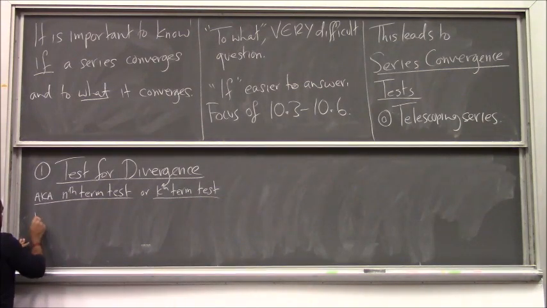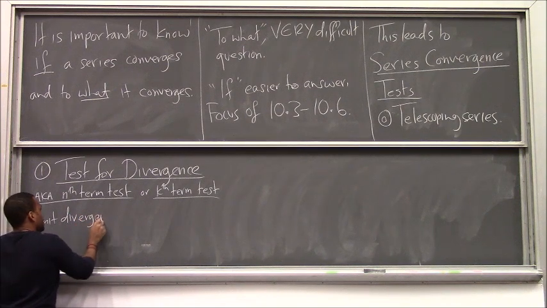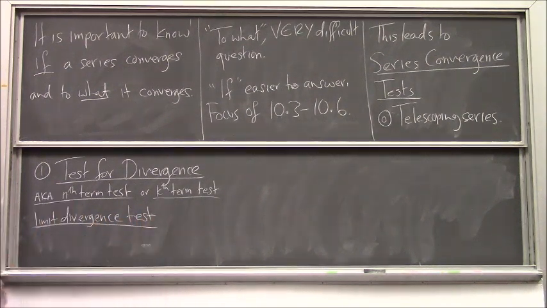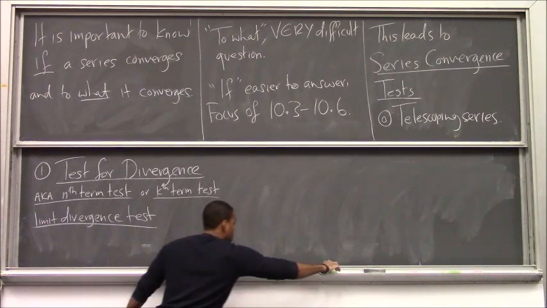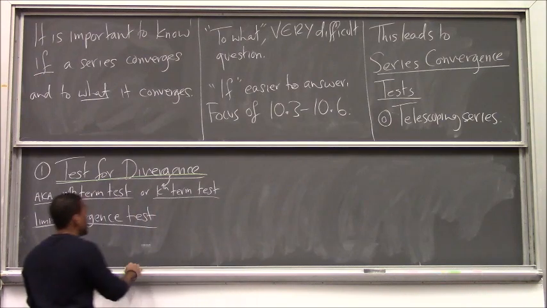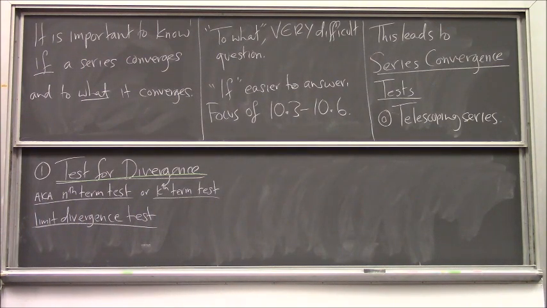You might also see it called the limit divergence test. Various kinds of names here. But I like this name the most because it pretty much tells you what it's about. It's a test that can tell us when a series is going to diverge as opposed to converge.